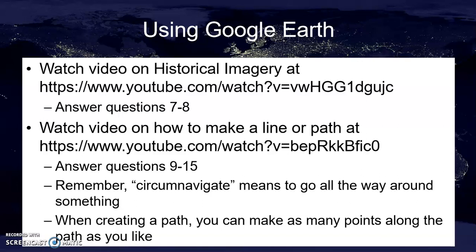When you're making a line, it's just point A, point B, 2 points. But with a path, if you have some oddly shaped edges as you're going around this island, you can make as many points as you like to work your way around.